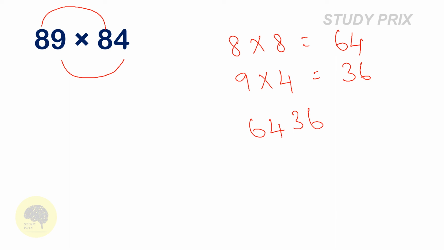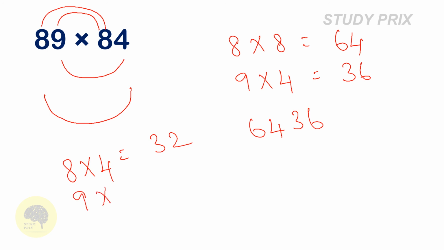And what's the second step? We have to multiply the tens place with another ones place, 8 into 4, which gives 32, and the multiplication of tens place with another ones place, 9 into 8, which gives 72, and the sum gives 104.